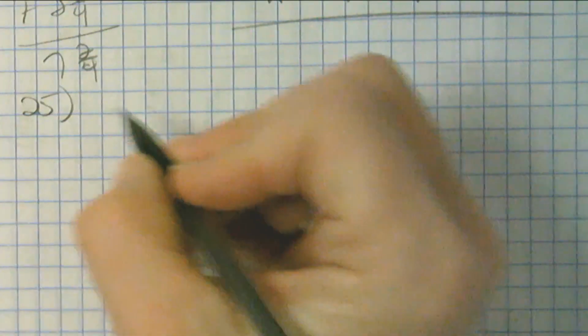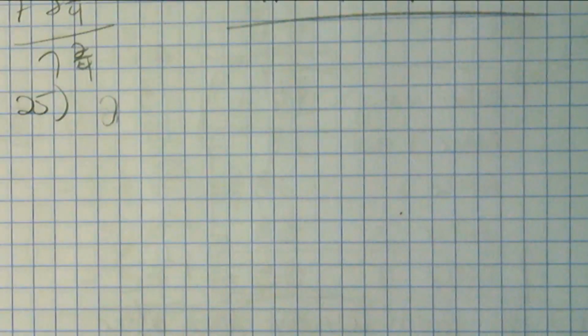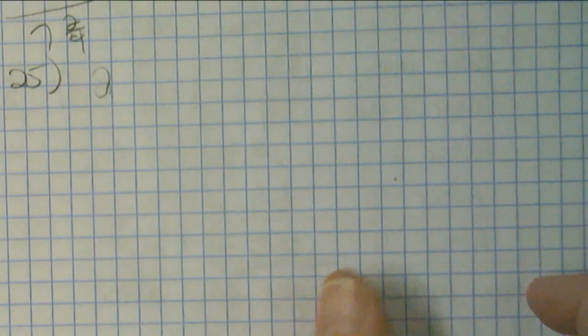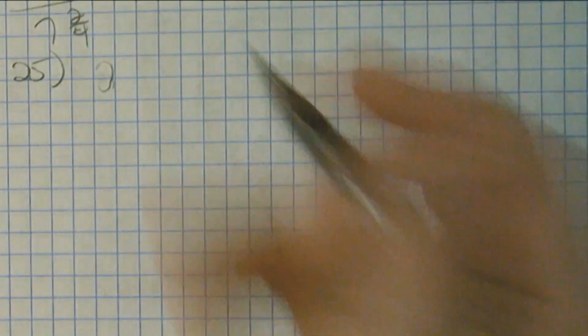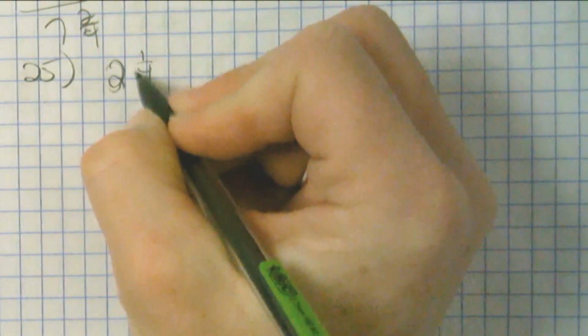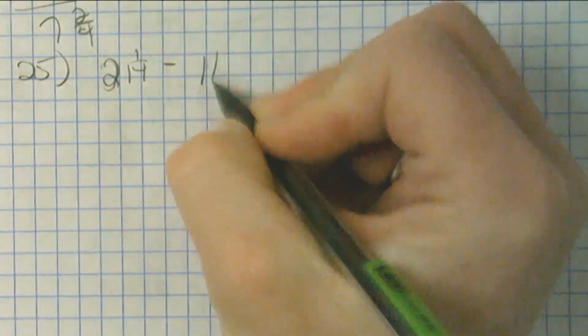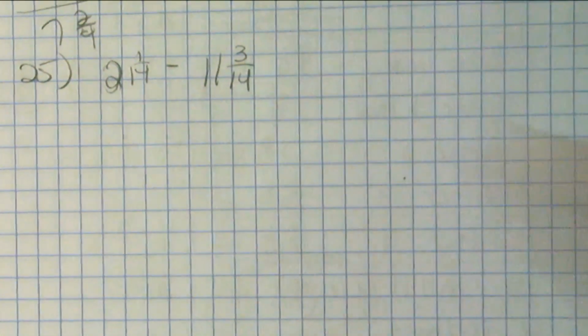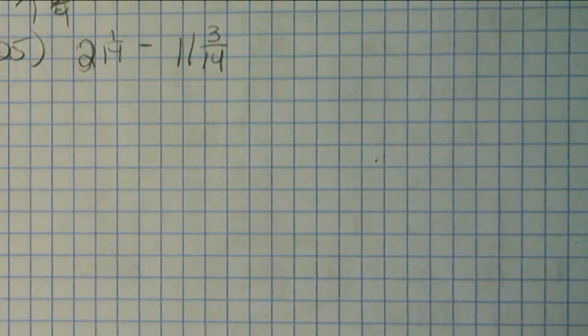Alright, 25 says I have 2. You guys write down the givens as they've given them to you. Don't change things. Write it down exactly as they've given you and then make sense of what you need to do. So they tell us I have 2 1/14 minus 11 3/14. Is this the one you're talking about? Okay.